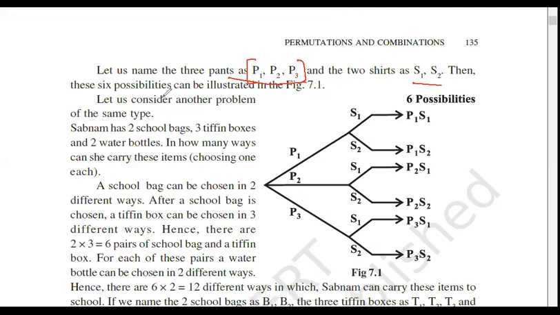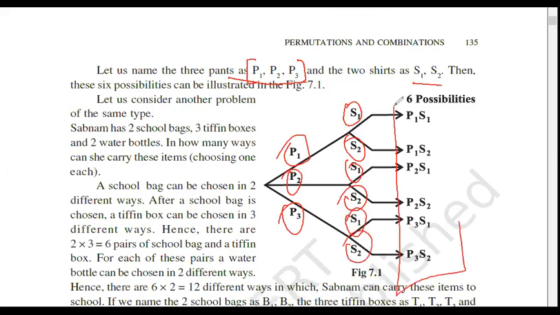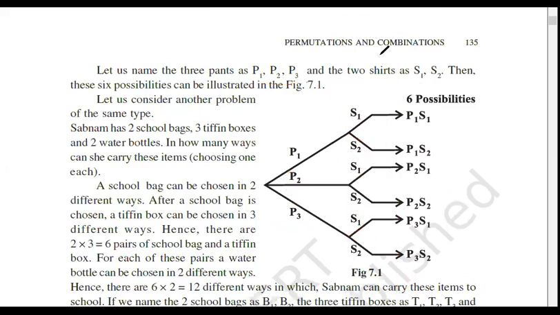How many different looks can you have? Either you wear pant one, then you have the options shirt one, shirt two; pant two, again the same options; pant three, again the same. So the total number of options is 3 into 2, which is 6. Got it, everyone?